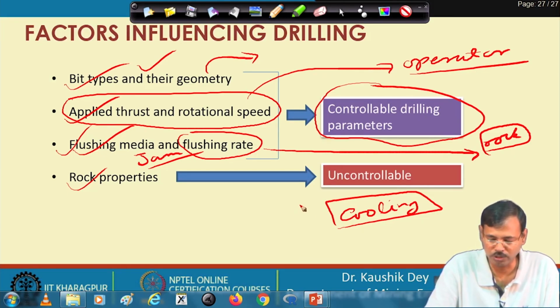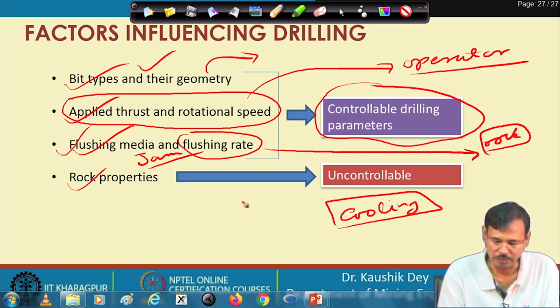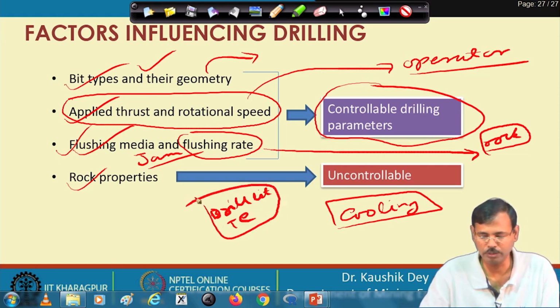The drill bit and the tungsten carbide tips have different thermal expansion coefficients, and the temperature should not reach such a point that the tungsten carbide tips will be lost from the bit.